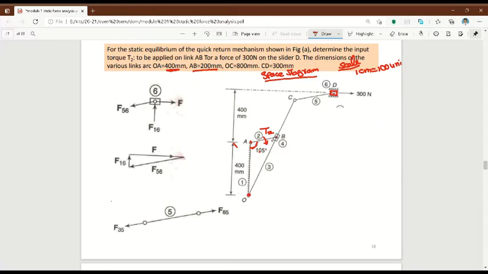So we got AB. What are the points we got? We got OAB. We have drawn OA and then AB. After this, what is the length of OC?